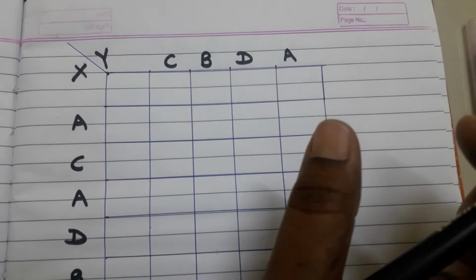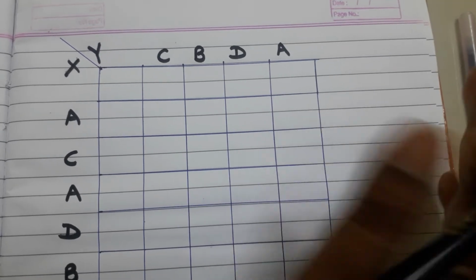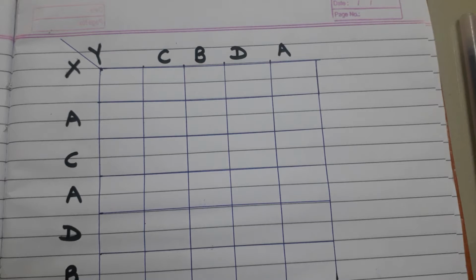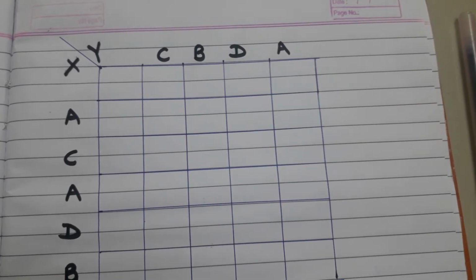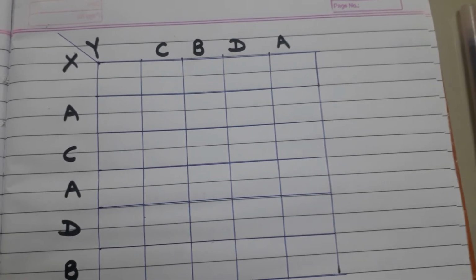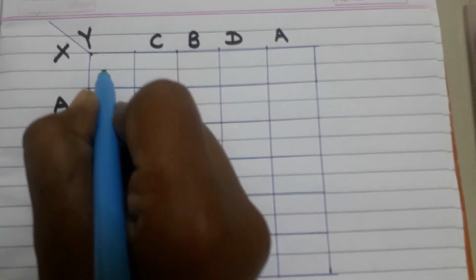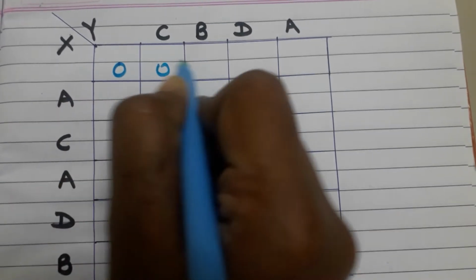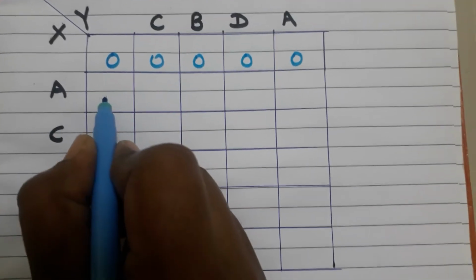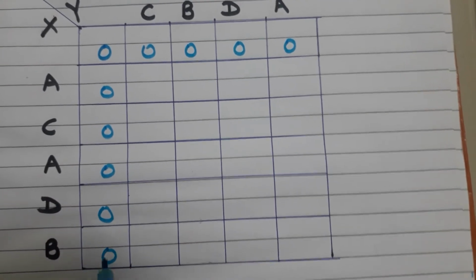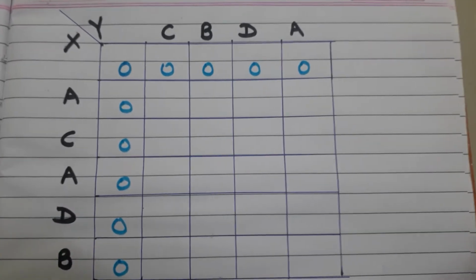So here we will initialize our table. According to our first step, our first row and first column are filled with zeros. So we write 0 here, our first row and our first column filled with zeros in this way.